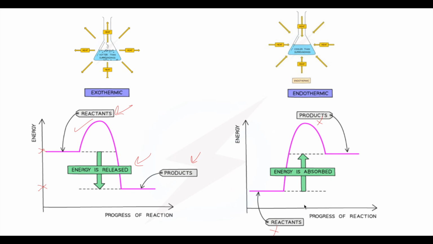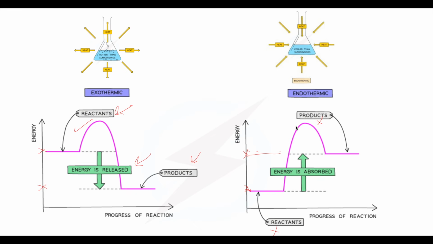Let's compare on the x-axis the progress of reaction and on the y-axis the amount of energy. Let's see the amount of energy of reactants here and the amount of energy of products here. So which one has the higher amount of energy, products or reactants? More than clear. Thank you. Products.